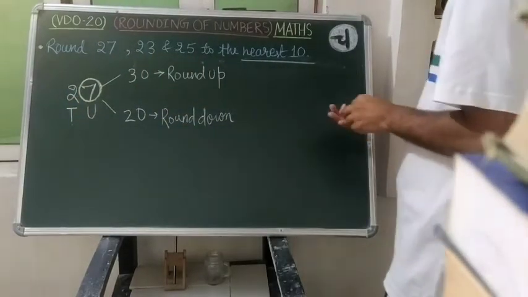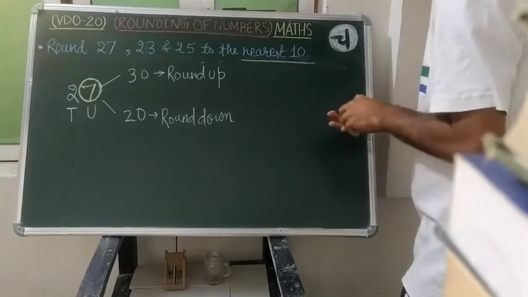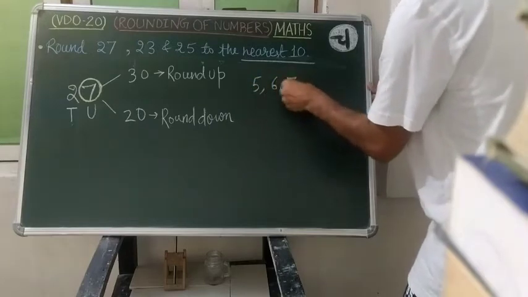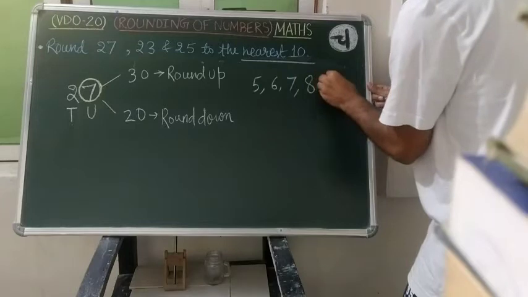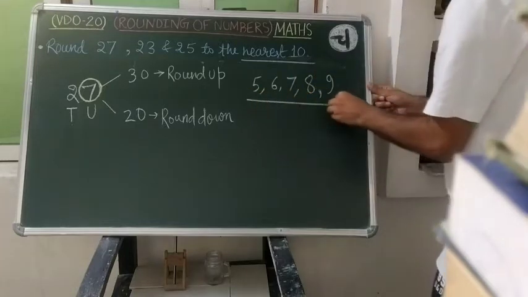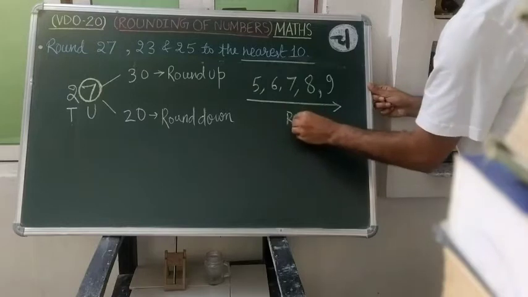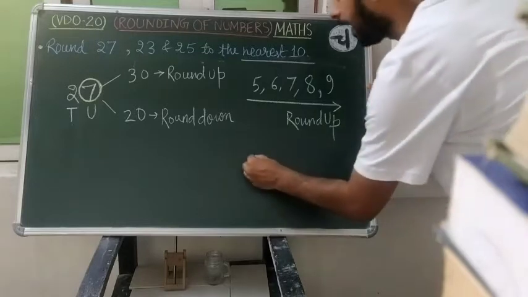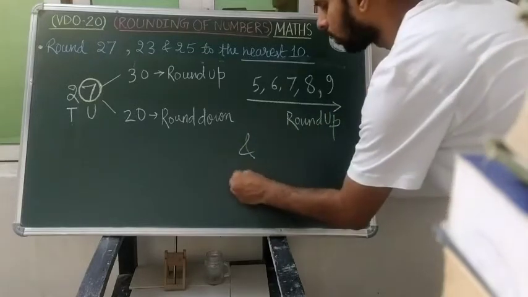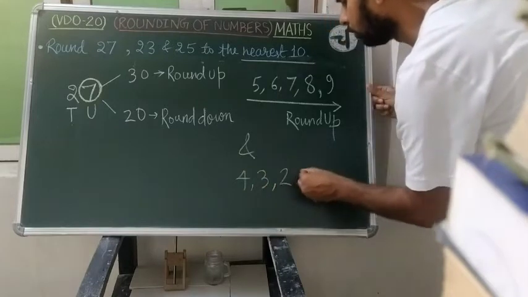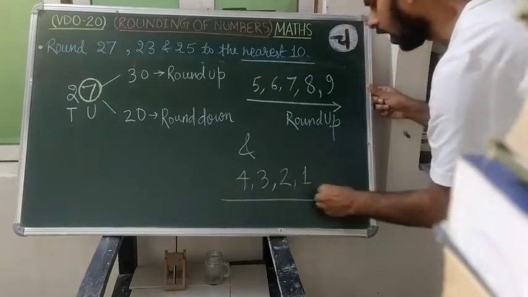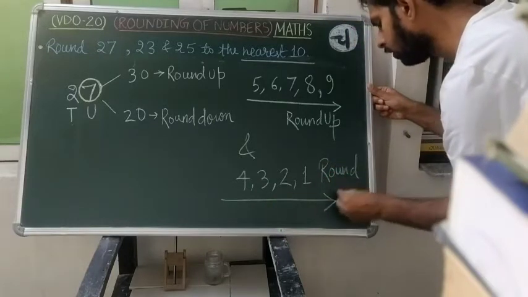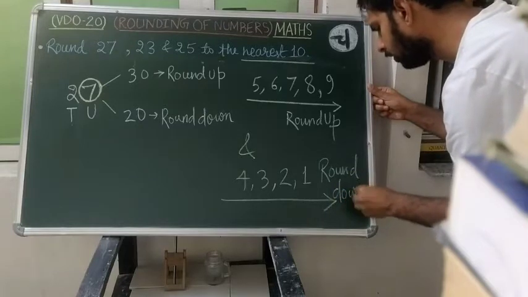For 5, 6, 7, 8 and 9 we will round up. And for 4, 3, 2 and 1 we will round down.